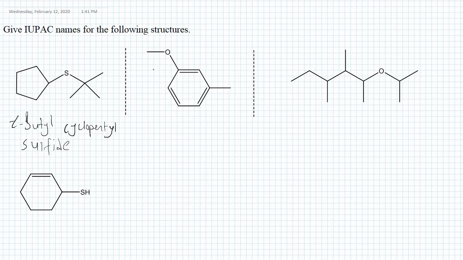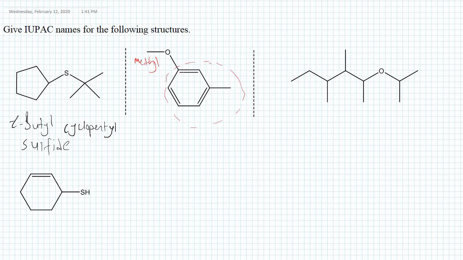One, we can name it as an ether. Second, we can name it as a benzene, and this part can be a substituent. So let's name it as an ether first. Here we have a methyl. So this alkyl part is a methyl, and this part is a phenyl.